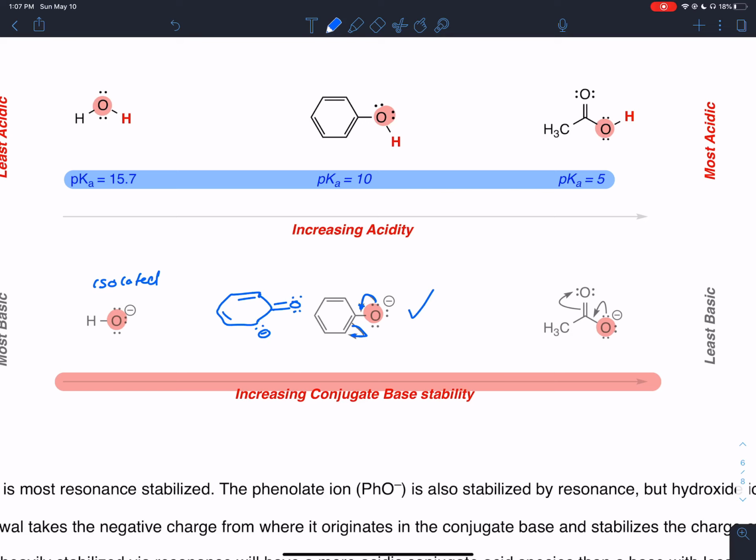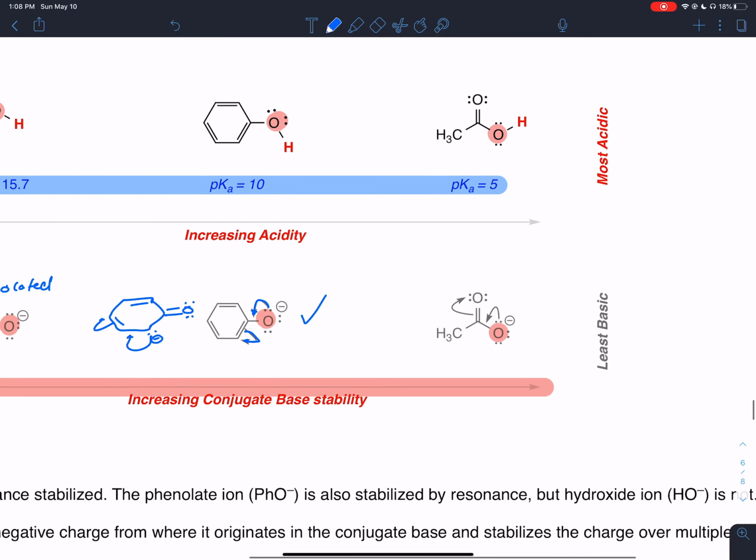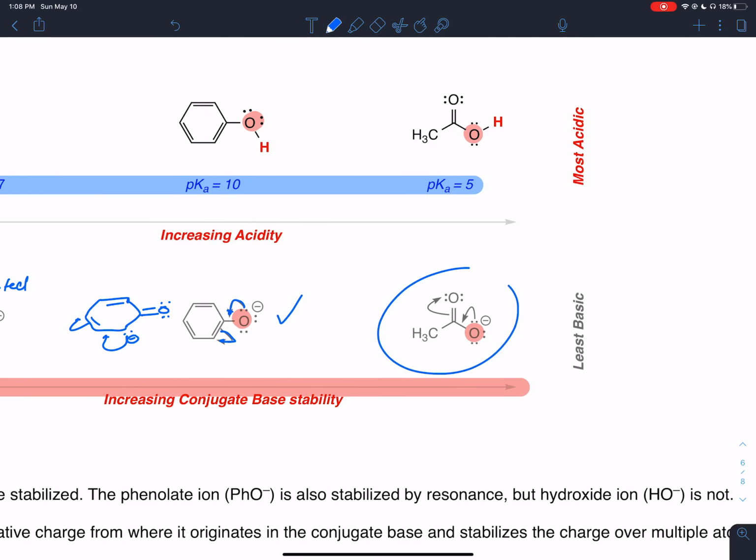All right, now there are additional resonance structures where we could pass this negative around the ring. However, overall, this resonance around the benzene ring is not quite as effective as the resonance in the carboxylate anion. When we resonate this negative, we are delocalizing the negative onto the oxygen up top, okay, creating this resonance contributor. And what we notice about these two resonance structures is that they're equal energy.